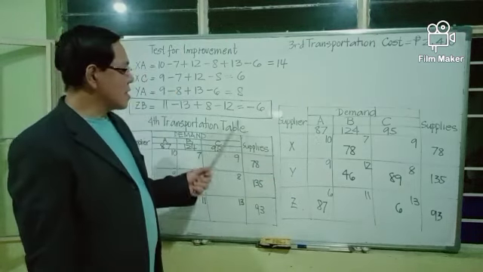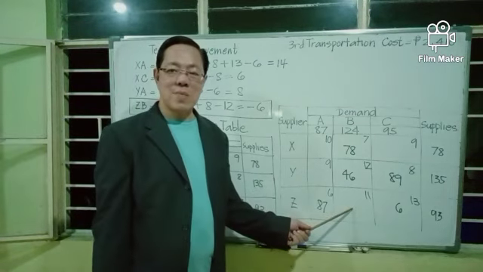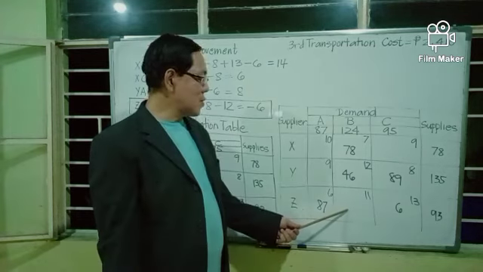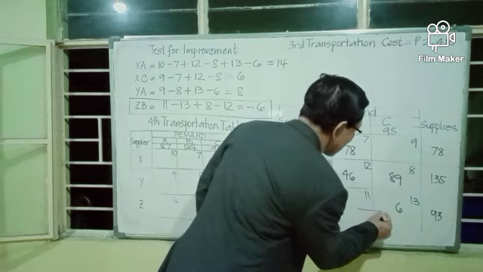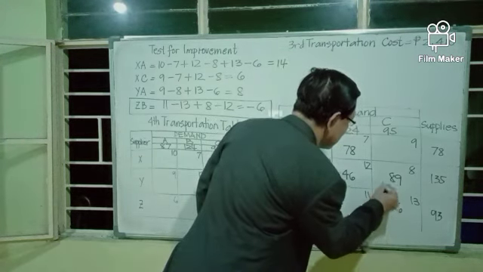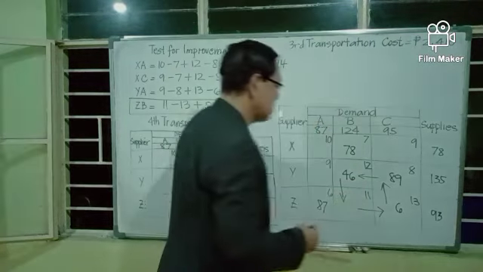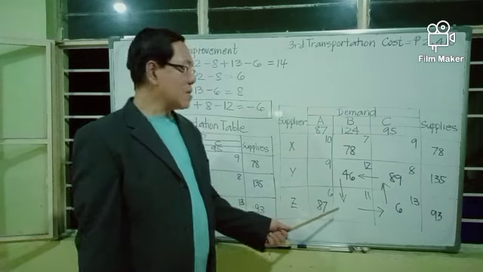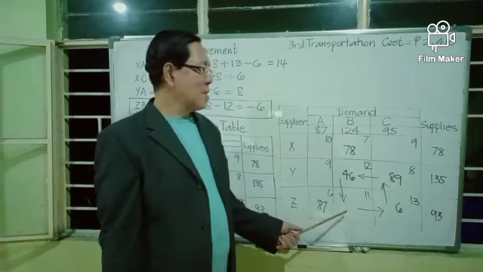And I will write again the closed spot for the vacant cell CB to determine how many units are to be transferred to this vacant cell CB. This is the closed spot for the vacant cell CB, where we will transfer some units.